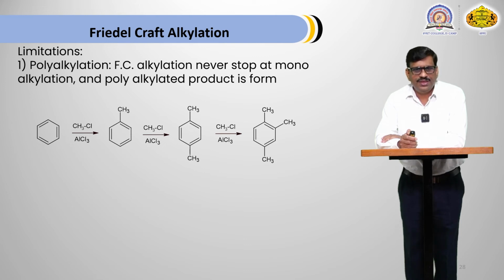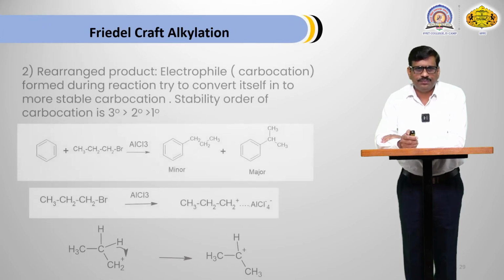Hence it is very difficult to stop the reaction at the monoalkylated step. Hence polyalkylation is the major limitation of Friedel-Crafts alkylation reaction, and we know that separation of these products is very difficult. That's why it has less commercial value.